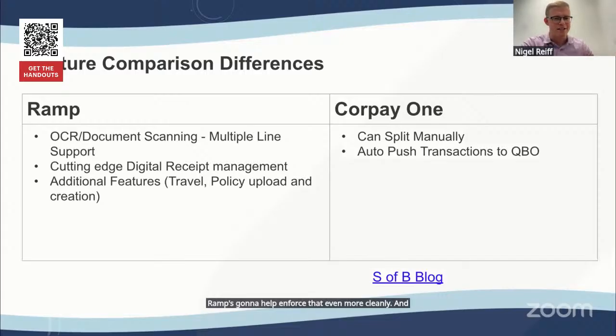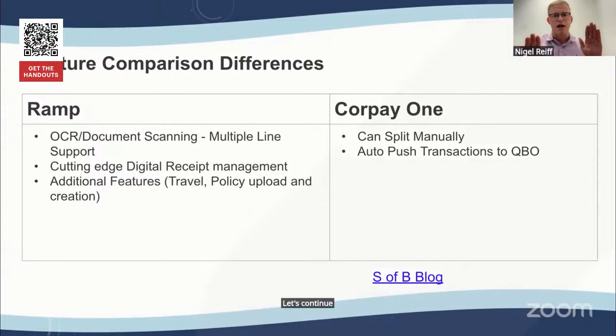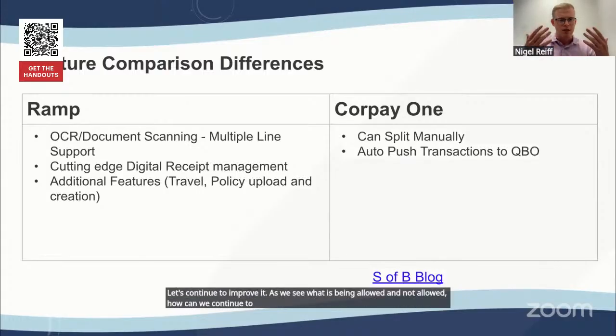And also as it does that and it learns what employees are doing and how managers are saying if this should or should not be included, it can start to automatically update your expense policy to reflect that for you. So it can continue to enhance your policy, which then allows it to better enforce it as it goes. So it's kind of a dual system of let's enforce it and make sure things are staying in line with what we determine is acceptable, as well as let's continue to improve it. As we see what is being allowed and not allowed, how can we continue to refine it to make it even stronger?